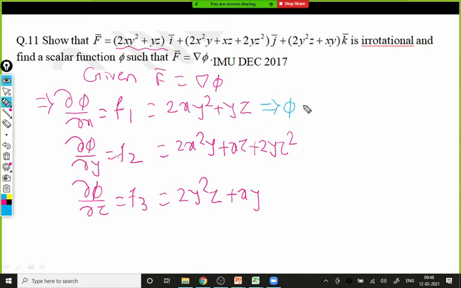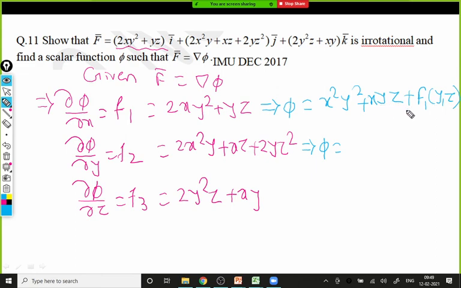Now you can tell me, integrating first with respect to x, what will be the function phi? What is the integration here? x square y square, very good, plus xyz, plus a function of y and z as a constant.